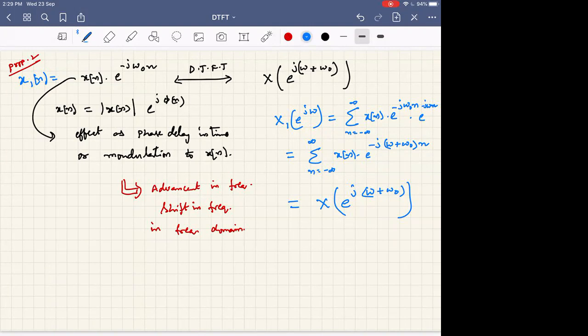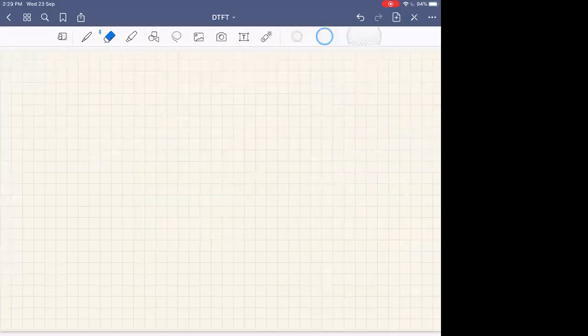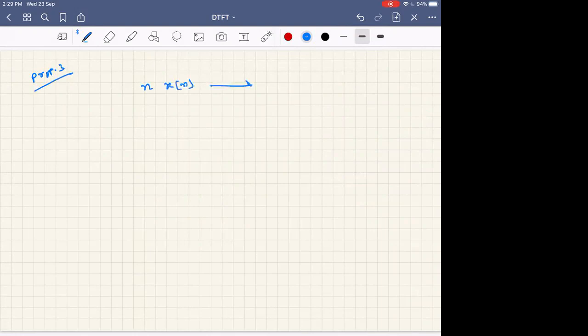So let there be n times. Let this be our signal, the discrete time sequence for which we want to do the transform. Let this be x1 of n if you wish.